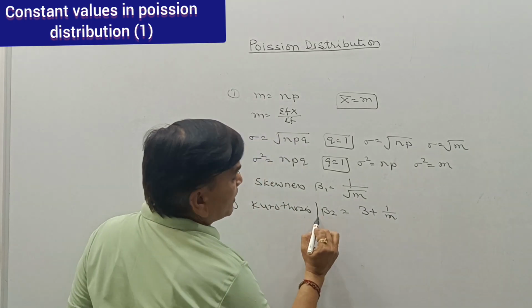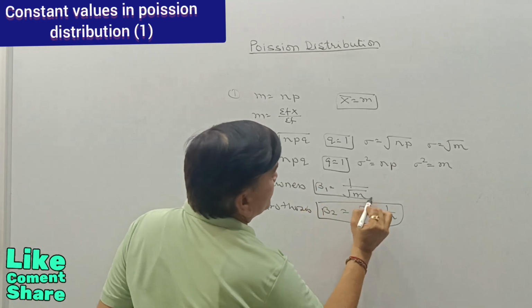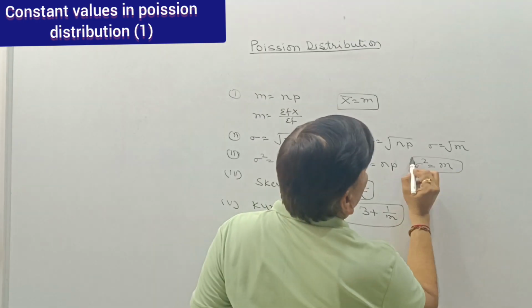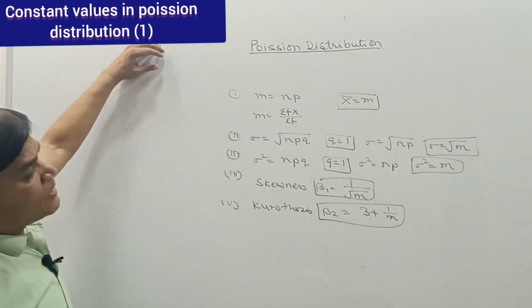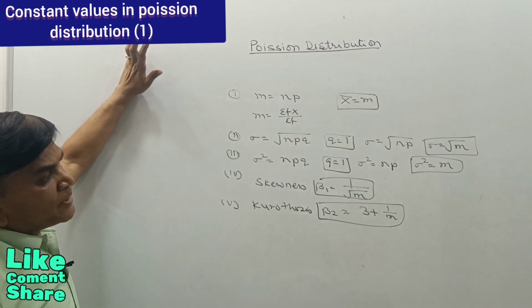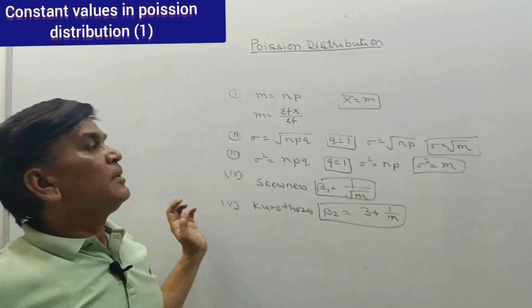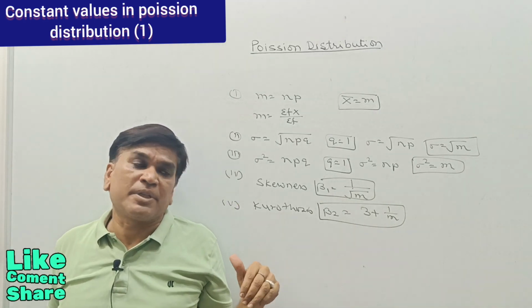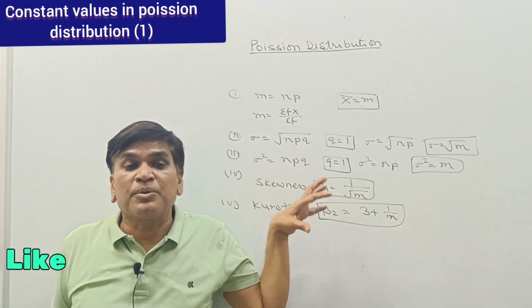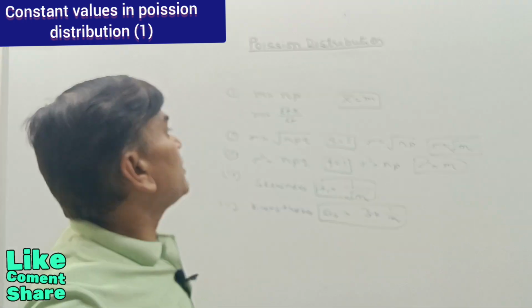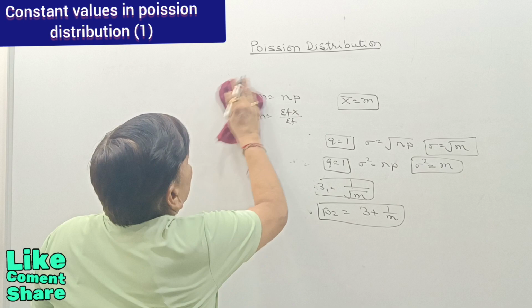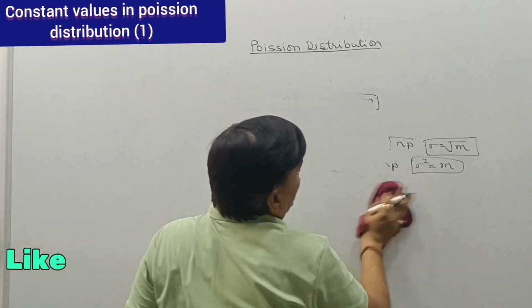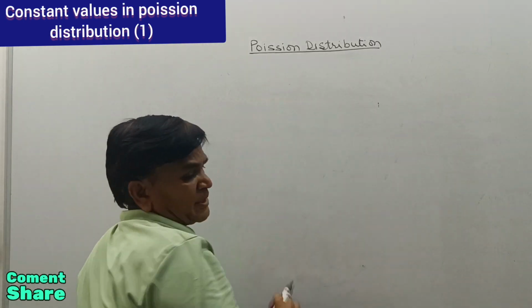These five formulas we will use for calculating constant values under the Poisson distribution. So I think you may have learned how to calculate constant values in the Poisson distribution. We have some questions related to this, so it will give you confidence in how to use these formulas.